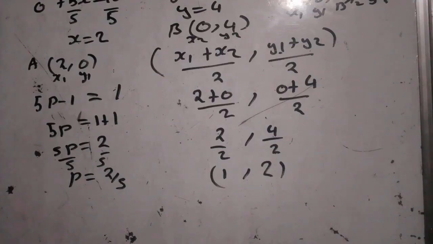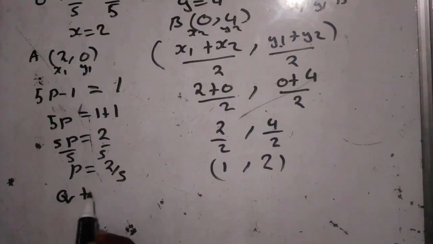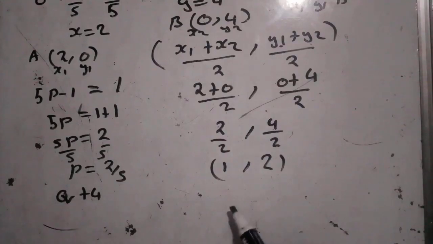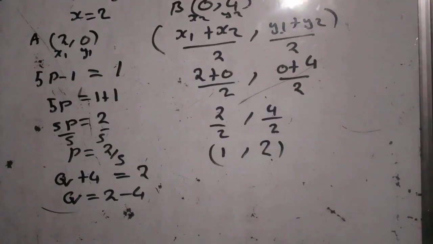Let's now find our q. The other point that was given was q plus 4. This is y, so it's equal to the y which we found, which is 2. We make q the subject of the formula, so q is equal to 2 minus 4. 2 minus 4 is negative 2, because you get the sign from the bigger number.